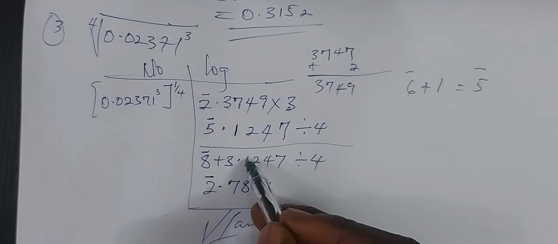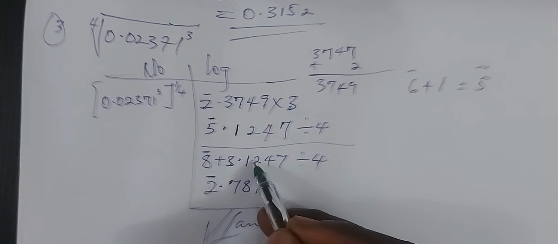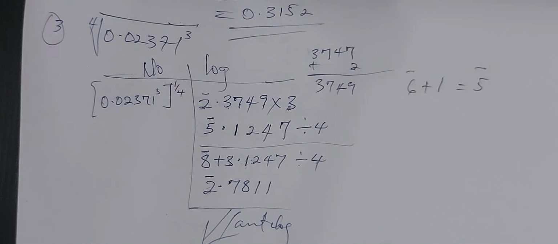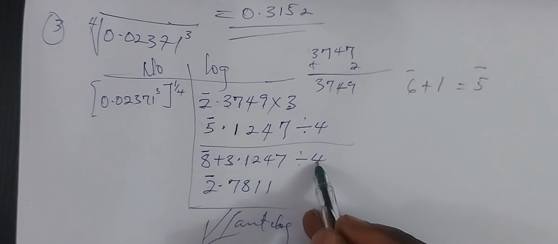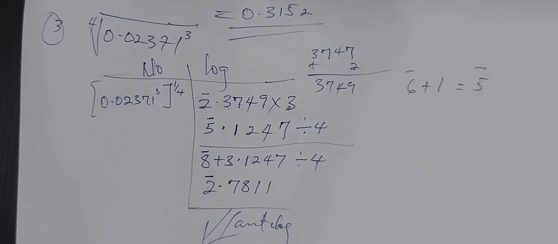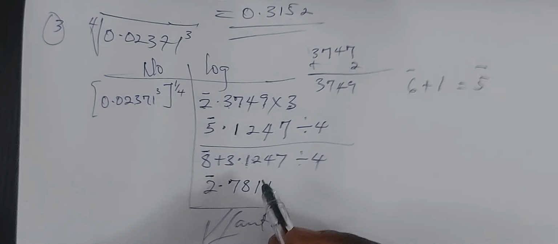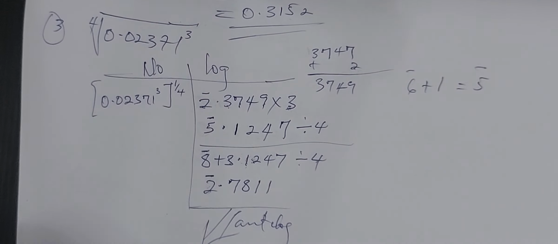Shift it to 1, 3, 1 is 31. 31 divided by 4, we see 7, 7, because 7 times 4 is 28. So remember 3. The 3 you shift to this becomes 32. 32 divided by 4, we say 8, 8.